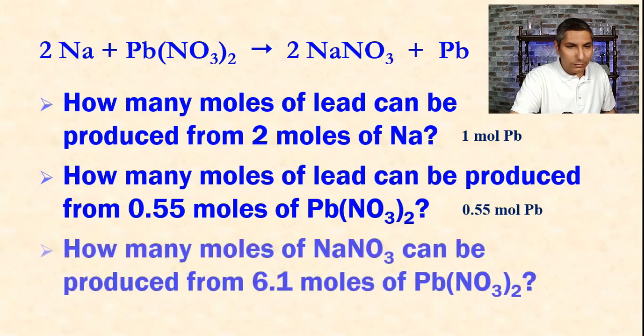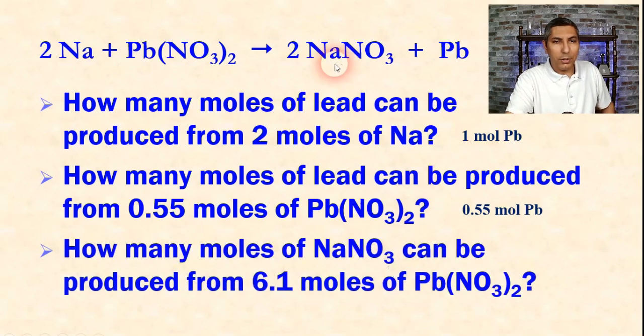How about this one? How many moles of sodium nitrate can be produced from 6.1 moles of lead(II) nitrate? Well, notice that this time the mole ratio is 1 to 2. It takes 1 mole of lead(II) nitrate to produce 2 moles of sodium nitrate. Those are right out of the coefficients of the balanced equation.